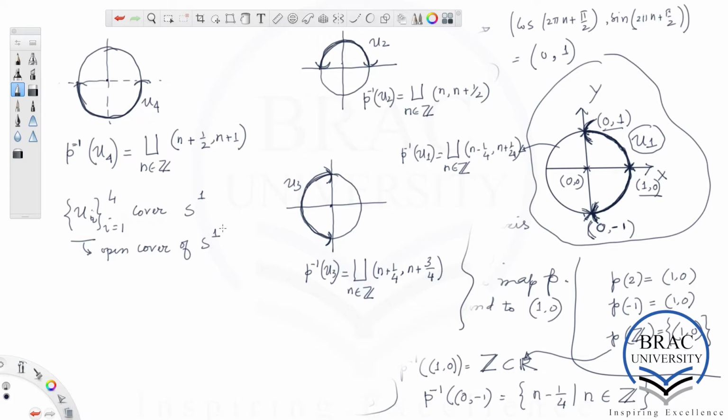And we have seen that the inverse images of all these open arcs are given by these formulas. So any point on the unit circle certainly has an inverse image under P. That is why P is surjective.